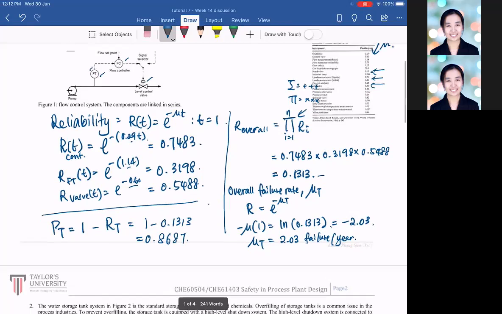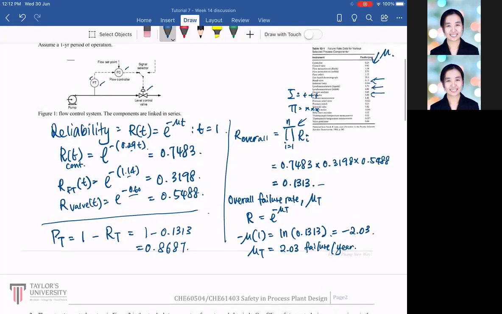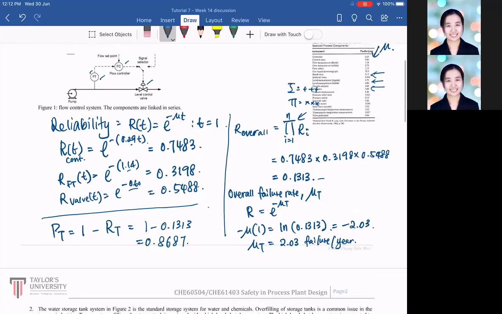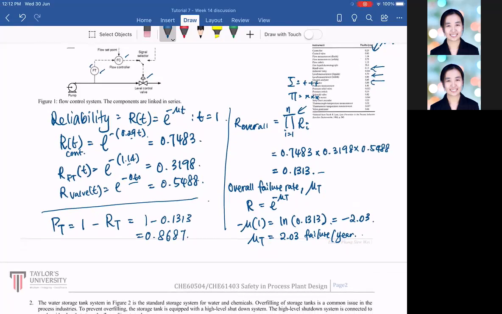And now if we are to calculate the mean time between failure, this is where we use the failures per year. The mean time between failure is equivalent to 1 over mu, which is 1 over 2.03, which is 0.4926.